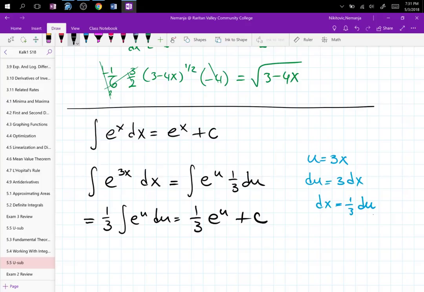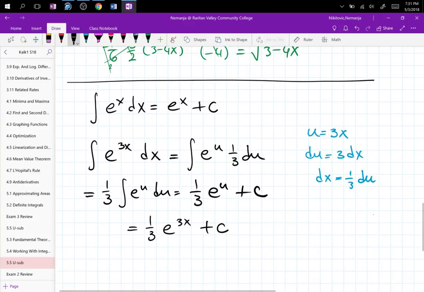You can just memorize the sentence: I don't care about u, I care about x. That's it. You will always remember that you have to go back to x. So we have 1/3 e to the 3x plus c.